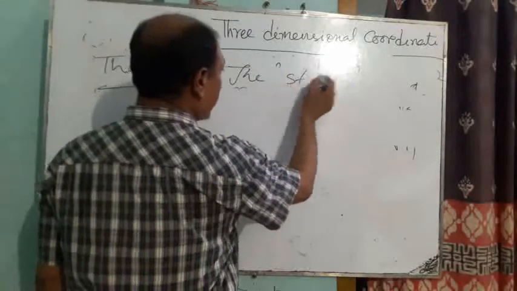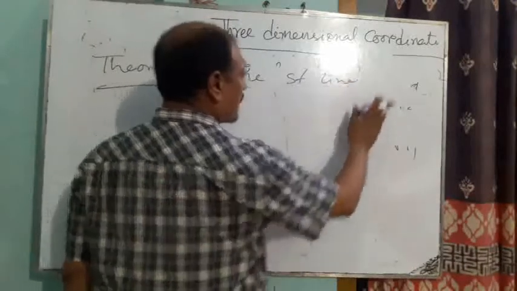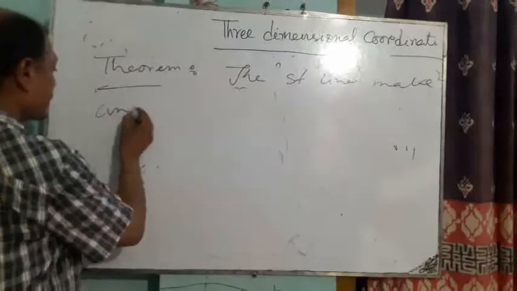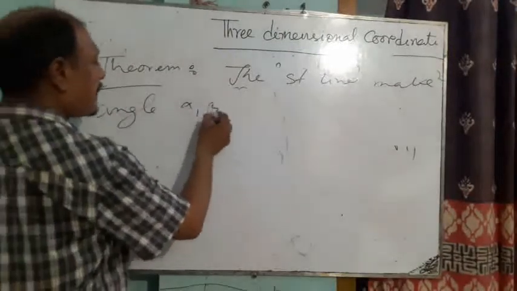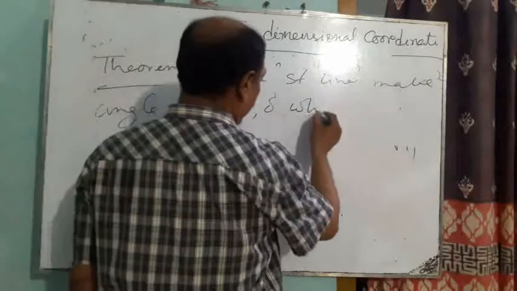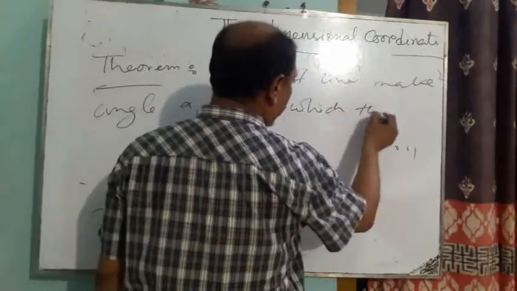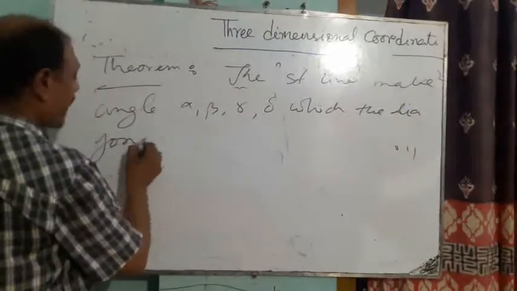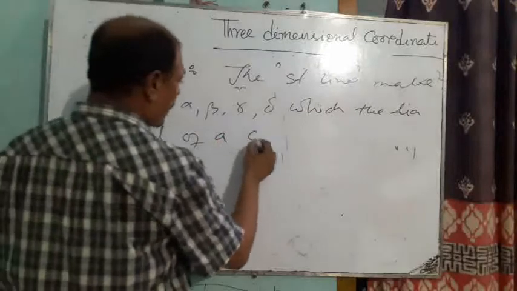The straight line makes angles alpha, beta, gamma, delta with the diagonal of a cube.